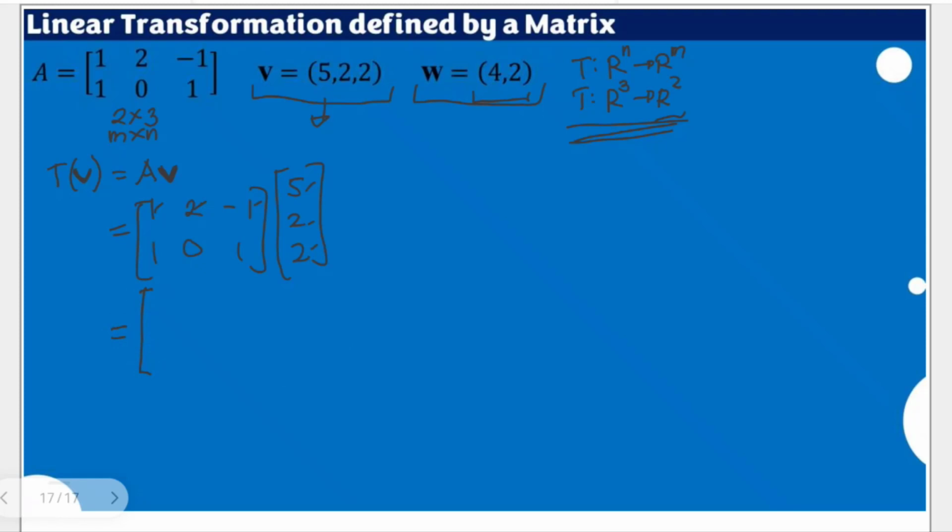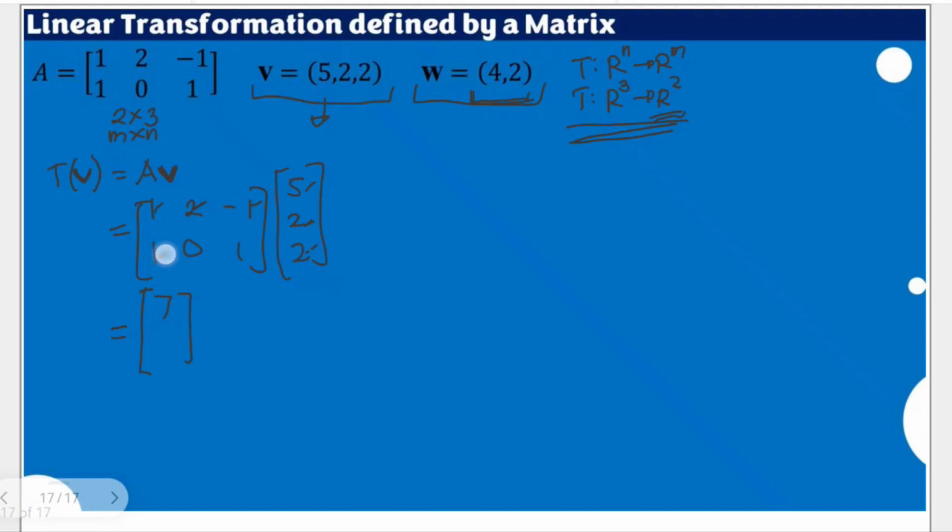Of course, our image is an element of R2, just like this one here, so we expect a 2 by 1 matrix. So we have 1 times 5 is 5, 2 times 2 is 4, 1 times negative 2 is negative 2. So 5 plus 4, that's 9, minus 2, we have here 7.